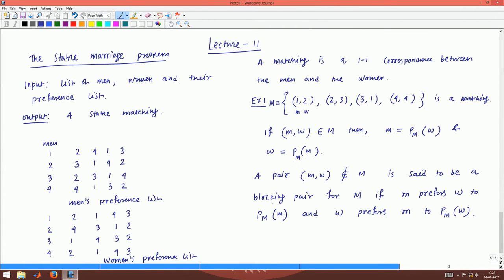Then this pair is called a blocking pair. A pair (M, W) is a blocking pair if M prefers W more compared to his matched partner in the matching M, and similarly W prefers M more compared to her matched partner.